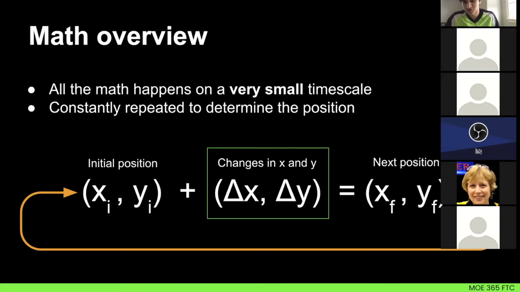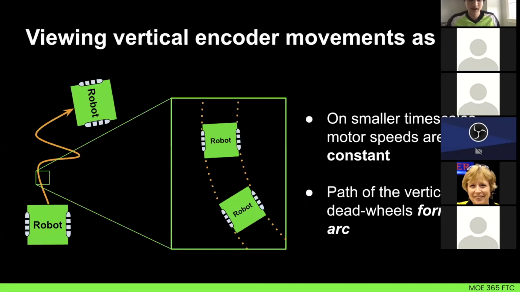We take that next position, add the changes, and get the subsequent position. That's constantly repeated to maintain an accurate view of the robot's position. And again, the key here is to view vertical encoder movements as arcs on very small timescales.